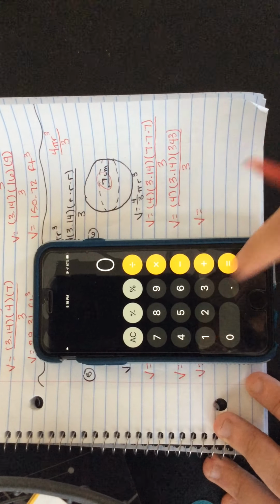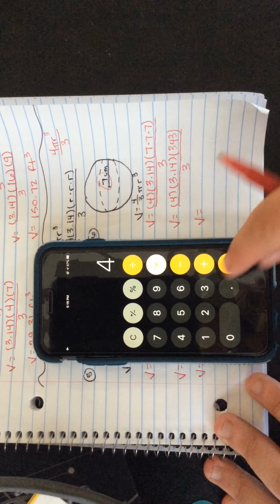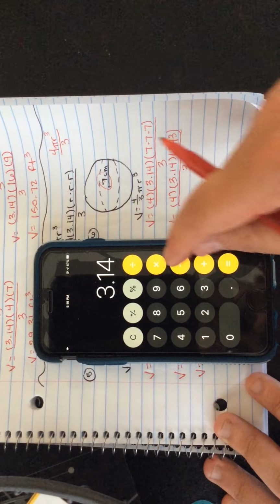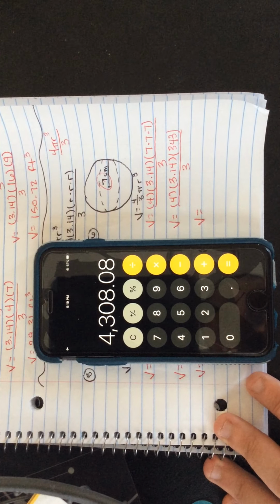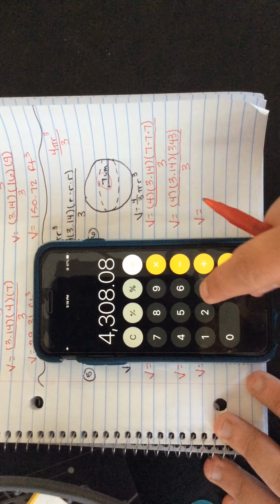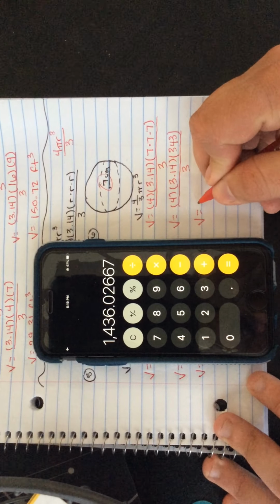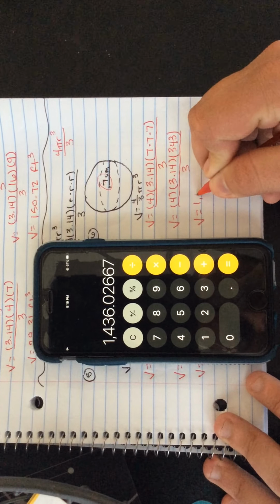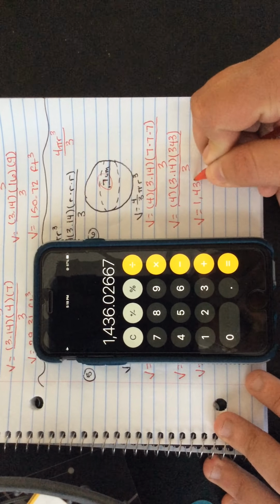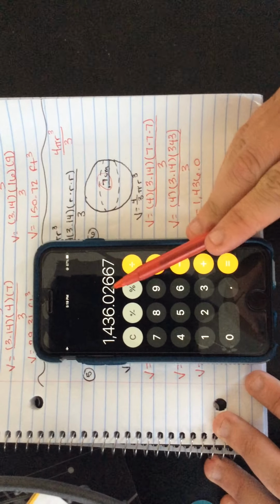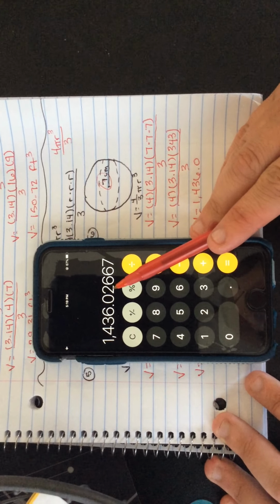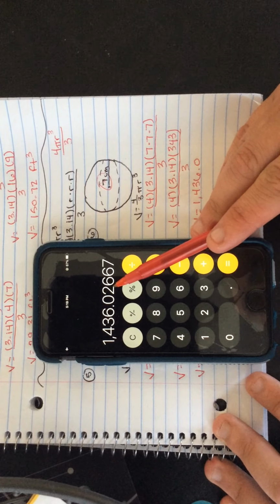So let's type this in here. 4 times 3.14 times 343 equals, we got a really big number there, but when we divide it by 3, it gets a little bit smaller. So we get 1,436.02... Now, I want to stop at this 2 because we want to stop after the second number after the decimal.